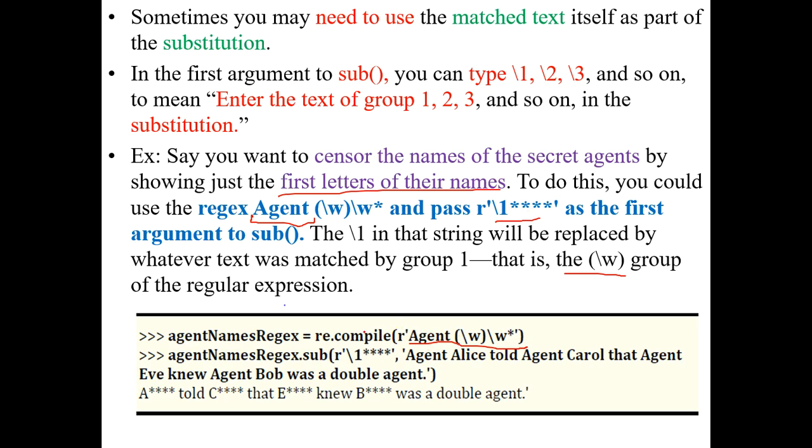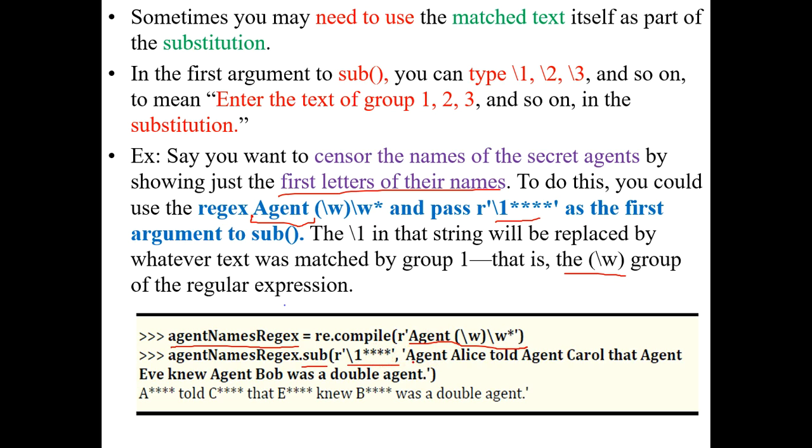First we have created an object. Using that object we are calling the sub method with the first argument. So for the matched text, it is going to be replaced with this first argument we have mentioned.